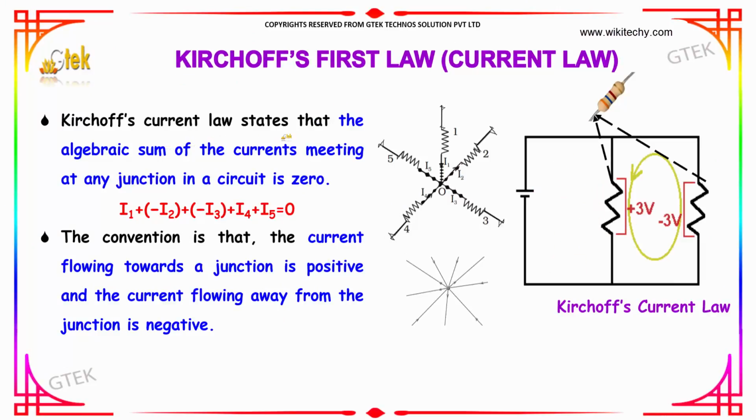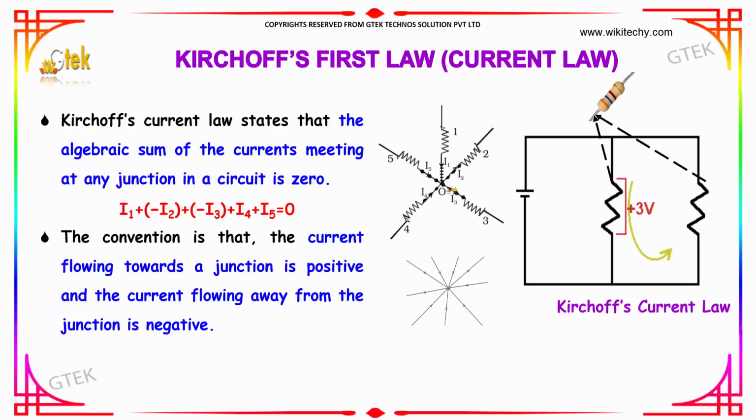Kirchhoff's current law states that the algebraic sum of the current meeting at any junction in a circuit is 0. You can see I1 which is coming inside, I2 which is going outside, so minus I2.